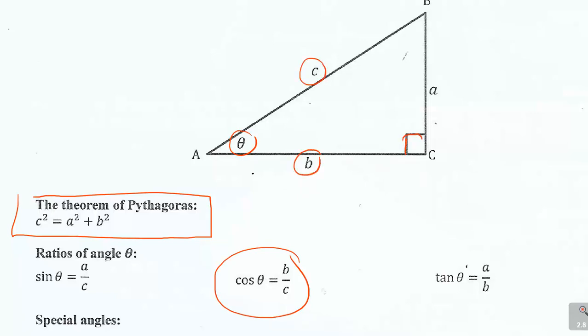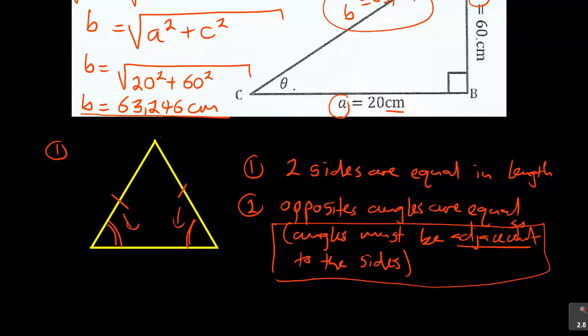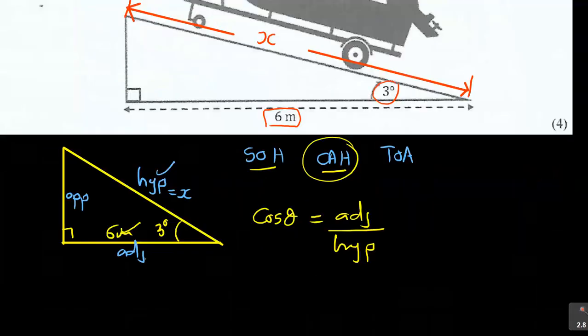So it's the same thing here, I've got 90 degrees and 3. So cos 3 degrees is equal to adjacent, which is 6, over the hypotenuse. We call it x at this stage.